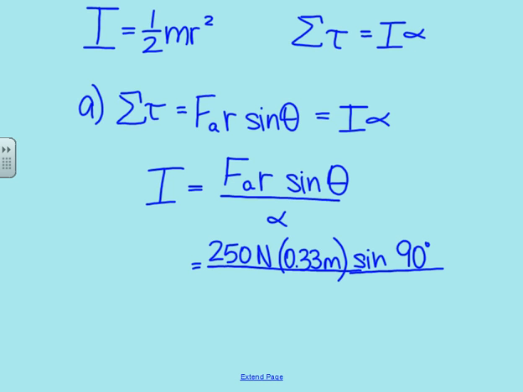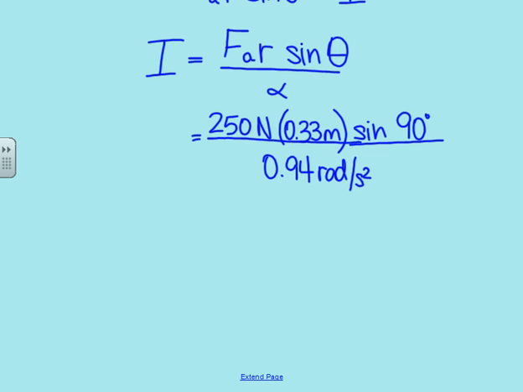And the angular acceleration that is given to us is 0.94 radians per second squared. Plugging all those numbers into a calculator, you get that the moment of inertia is 87.77 kilogram meters squared.